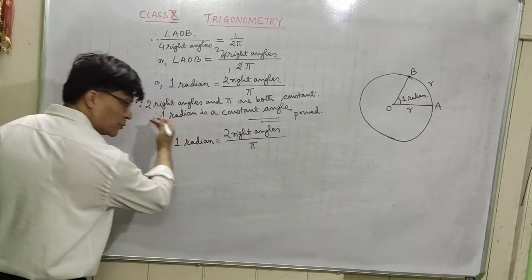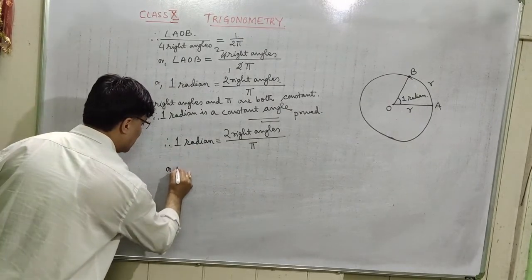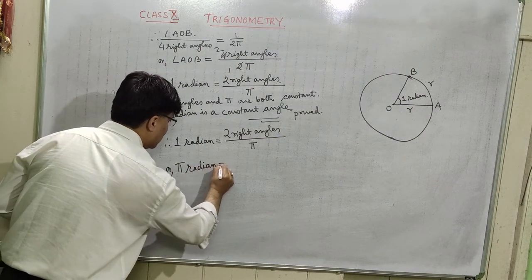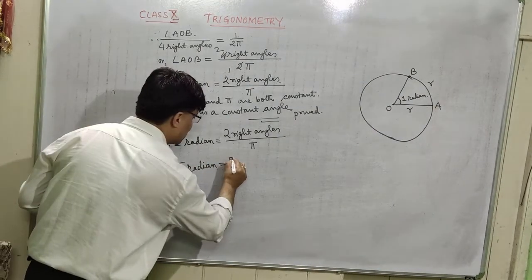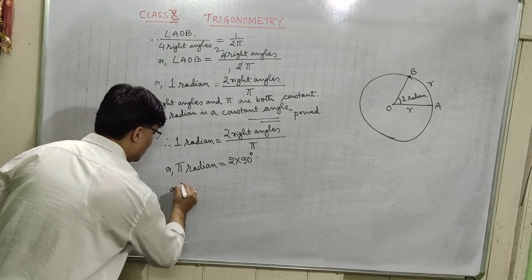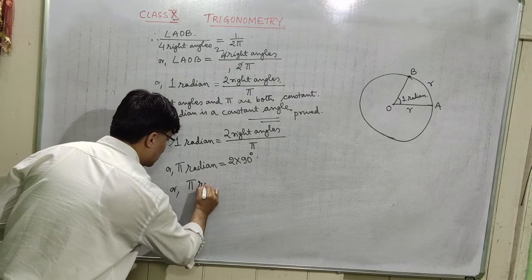Okay, you can do cross multiplication. Pi 1s are pi, so it is pi radian. Pi radian is equal to, what is 2 right angles? 2 into 90 degree.